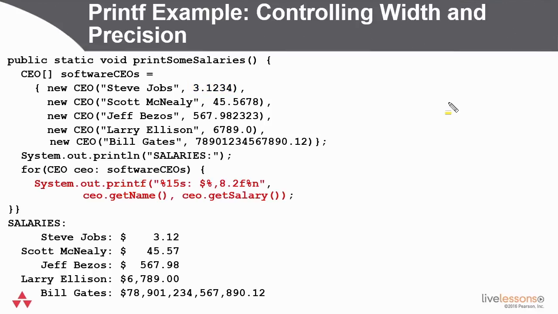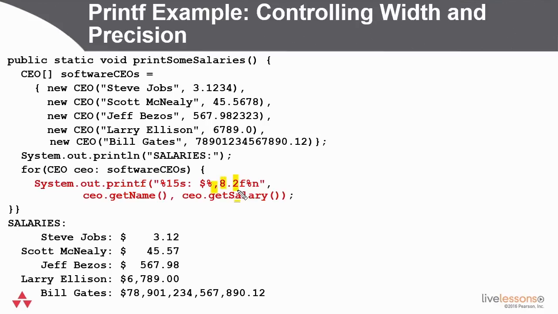Well, when I do that, I say, okay, I want to have commas every 3 characters on the left. I want 8 total spaces, and I want 2 after the decimal point. For this to work, I need to know something about the possible range of values, because the 2 will truncate. It'll round to the nearest 2 decimal points, and it'll only show those 2 decimal points.